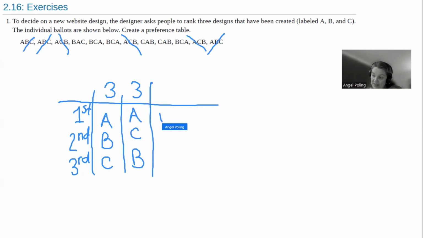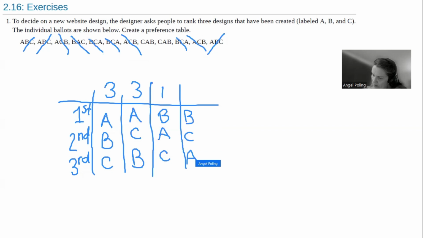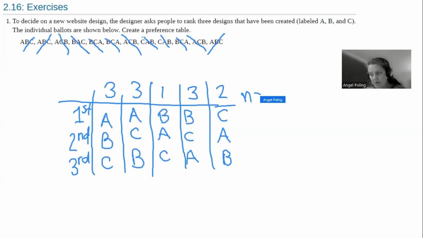We then have the B, A, C vote choice, 1 time. We have the B, C, A 3 times. And the C, A, B twice. That is 12 votes, and there are in fact 12 voters.